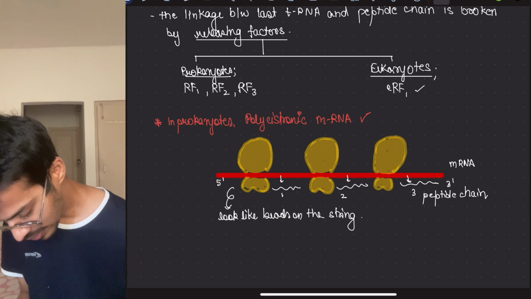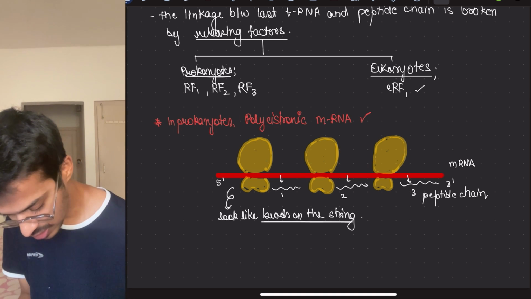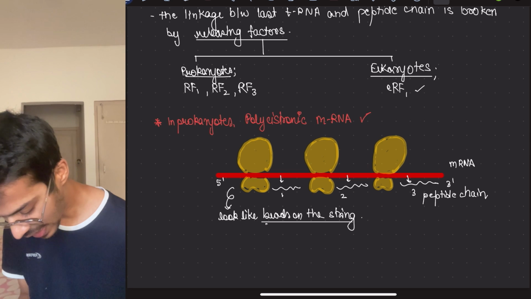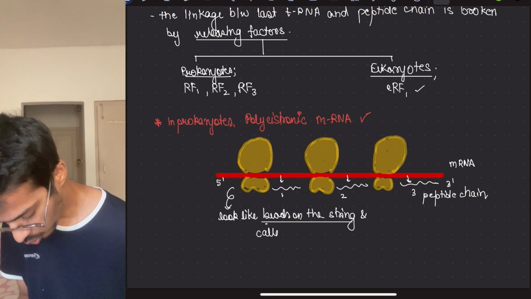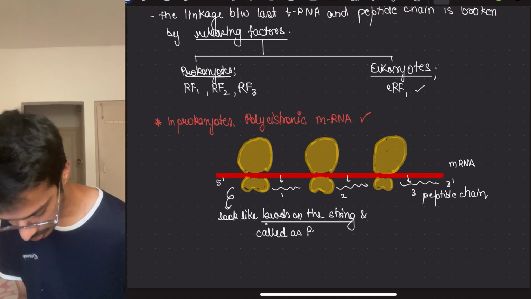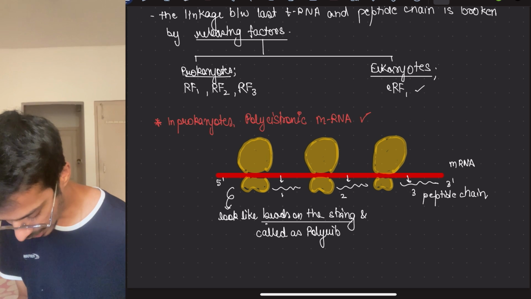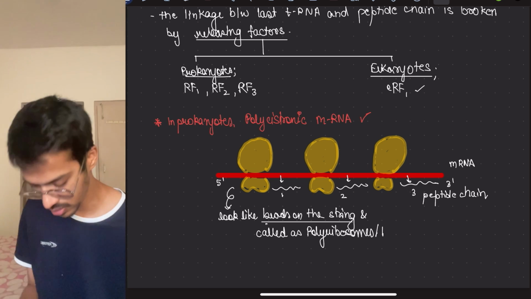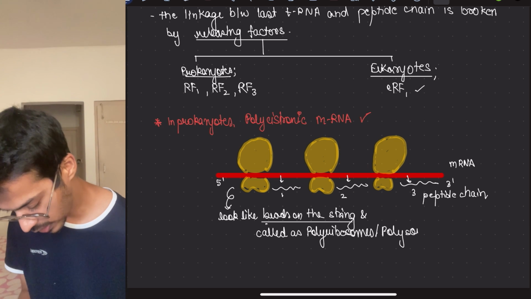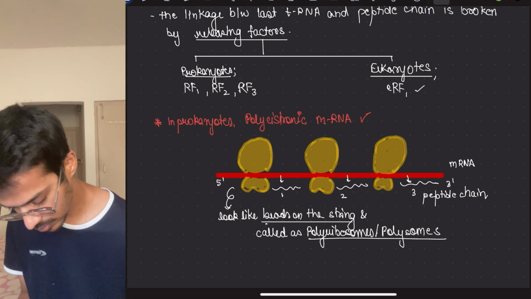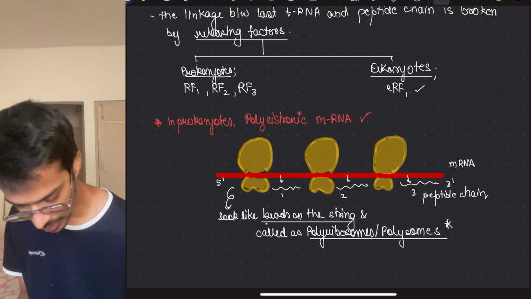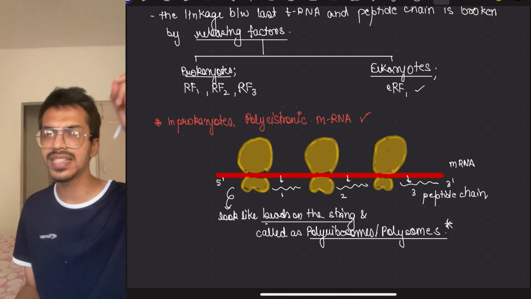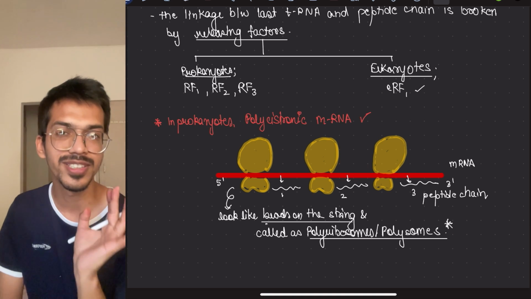So it appears like beads on the string and is called polyribosomes. Many ribosomes joined together appear like a chain. Polyribosome or polysomes. That's why it is said that it is only seen in case of prokaryotes.